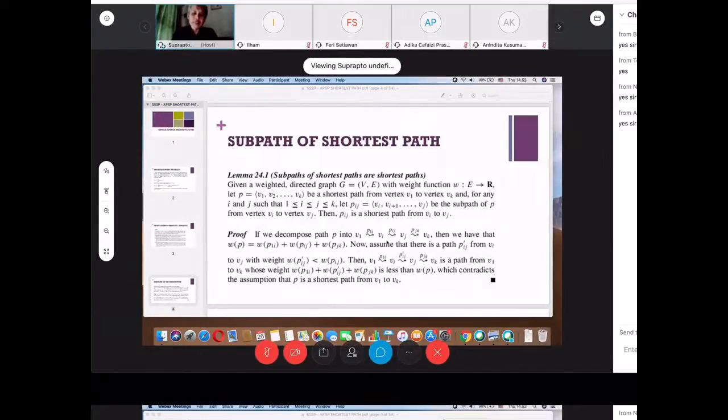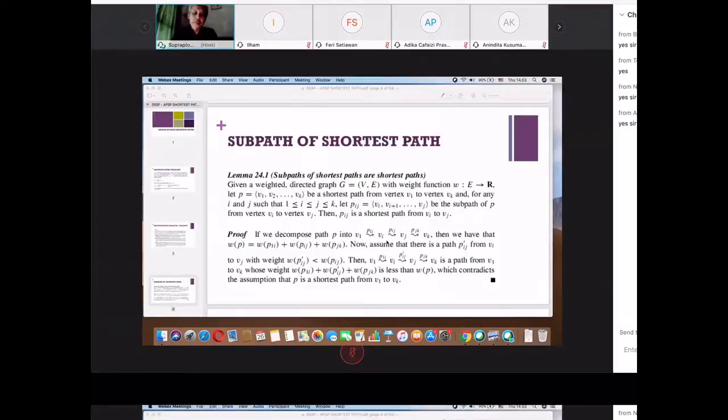Any subpath of p from vertex vi to vertex vj, then p i j is the shortest path from vi to vj. This means that any subpath in a shortest path must be a shortest path.